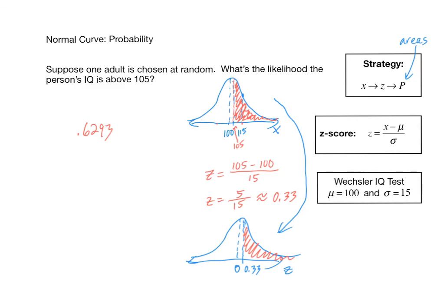To get the area to the right, we already saw that we need to do 1 minus the area to the left, and we get 0.3707. So when you choose one adult at random, the likelihood that they will have an IQ above 105 is 37.07%. Let's take a look at another example.